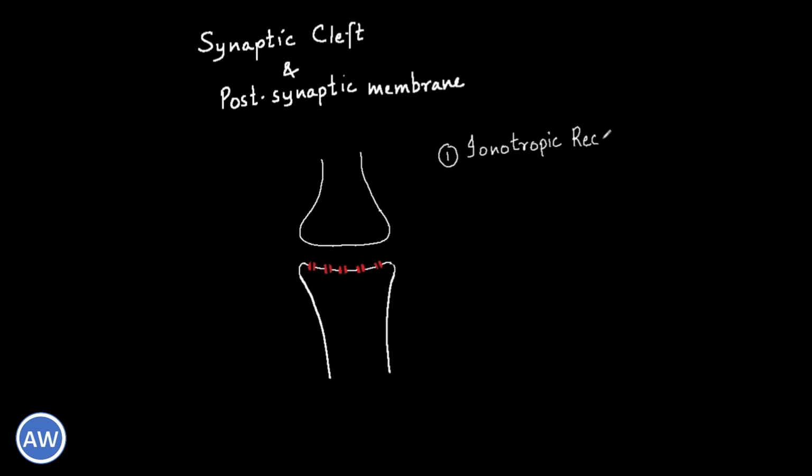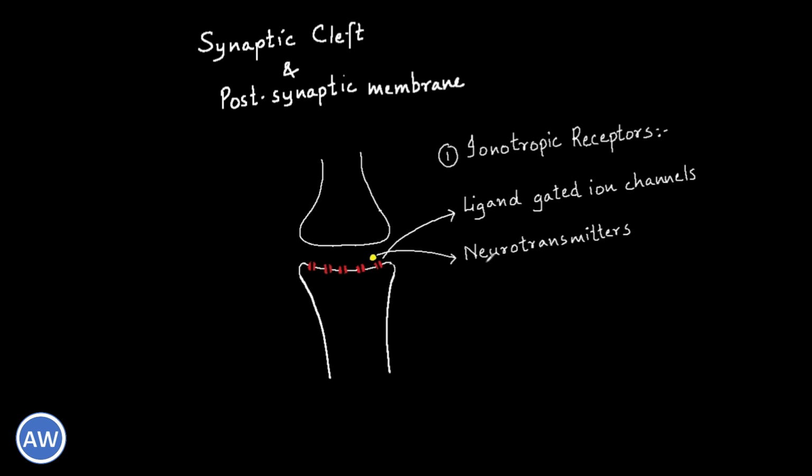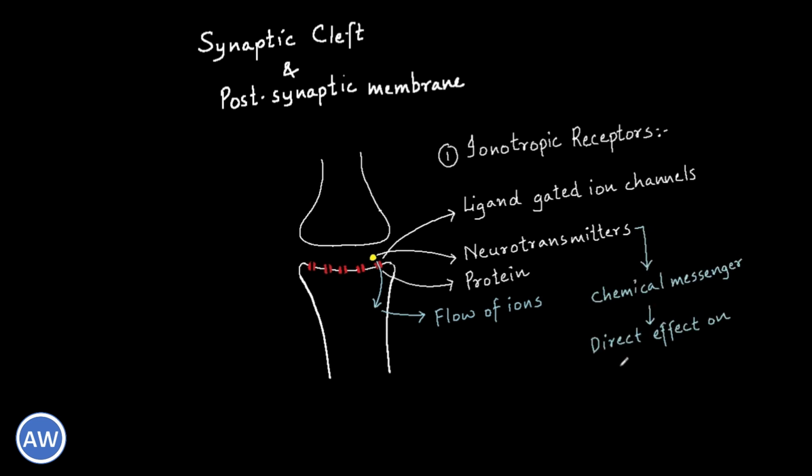The ionotropic receptors are ligand-gated ion channels, and the chemical messengers that bind to them are known as neurotransmitters. The binding of a neurotransmitter alters the conformation of the protein constituting the ion channel, opening it and permitting the flow of ions through it. Thus, a neurotransmitter is a chemical messenger that has a direct effect on the ion channel, and the effect is rapid.